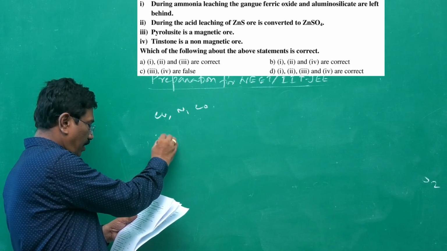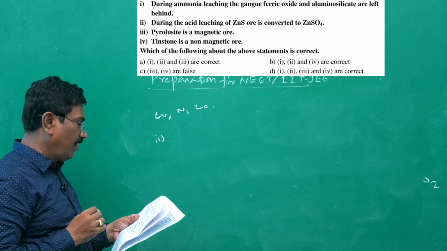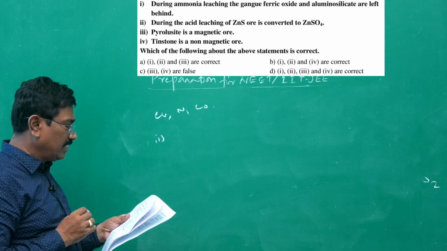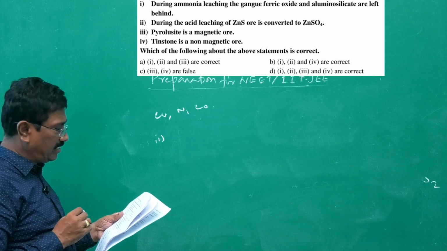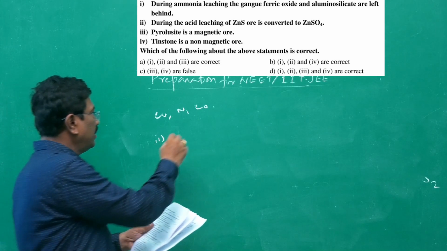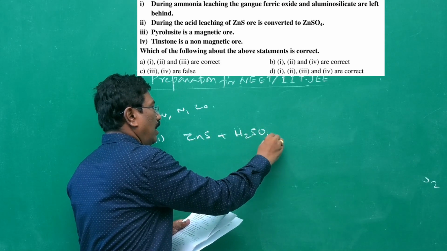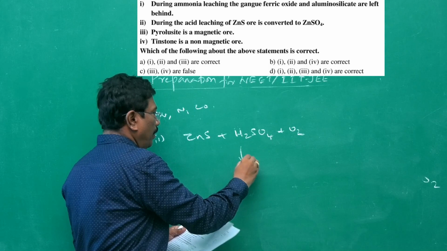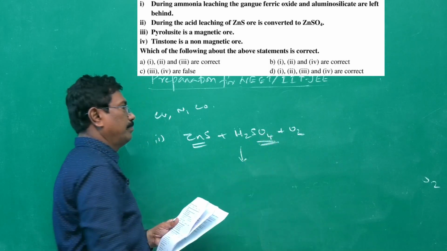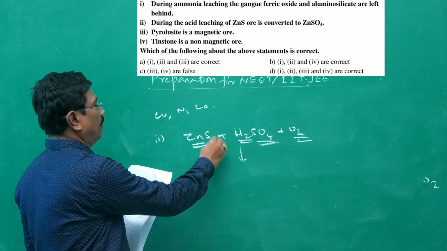Then, second one, during the acid leaching of zinc sulfide ore, it is converted to zinc sulfate. Yes, the ore is converted to zinc sulfate during acid leaching because it is treated with sulfuric acid and, of course, with oxygen. What is happening? Zinc becomes zinc sulfate, hydrogen becomes water, and then sulfur gets precipitated.